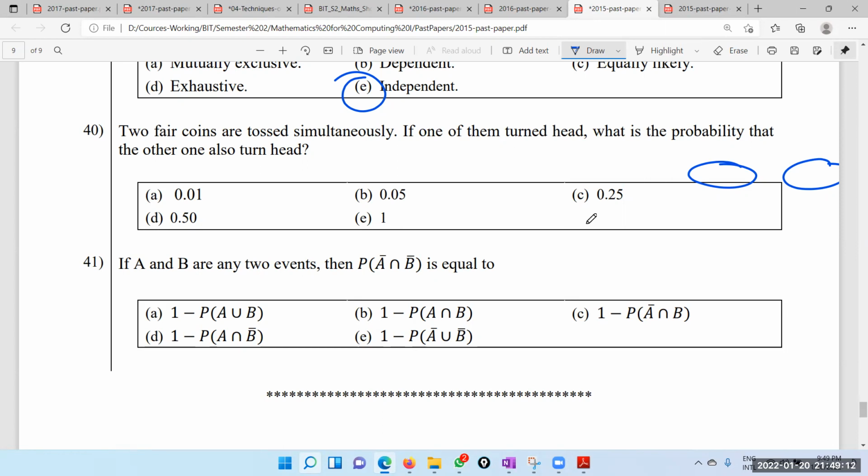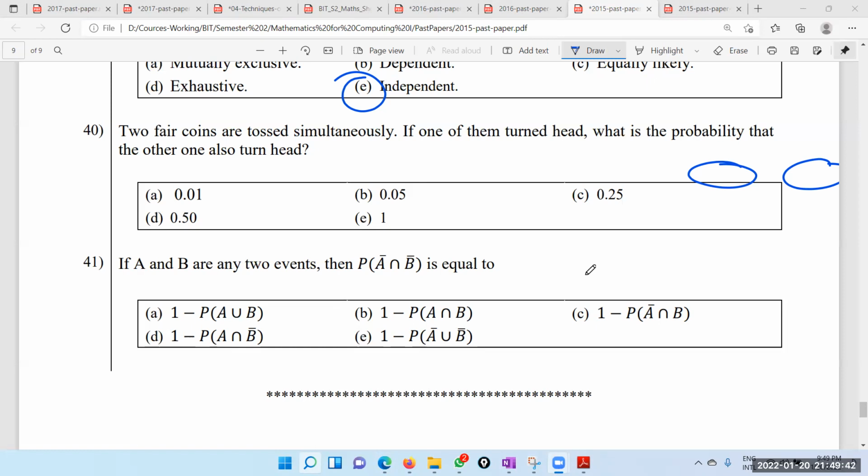What is the answer? Correct answer කියන්න. What is the answer? C, 0.25. Here again 0.25.